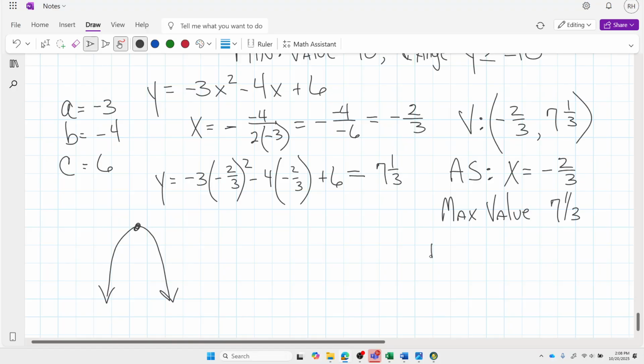And then our range, since the graph goes down, our range is going to be y is less than or equal to 7 1/3. There won't be any y values in this graph higher than 7 1/3.